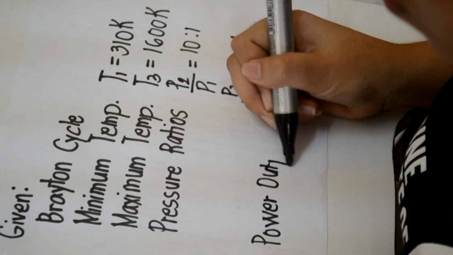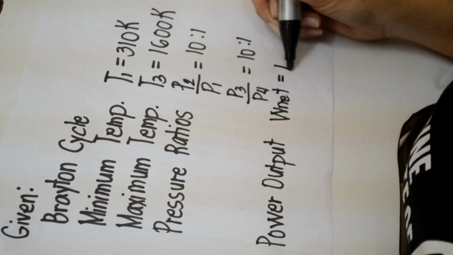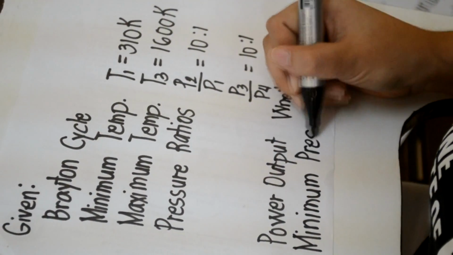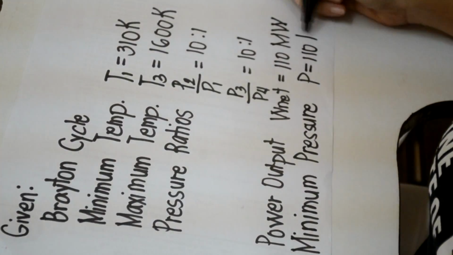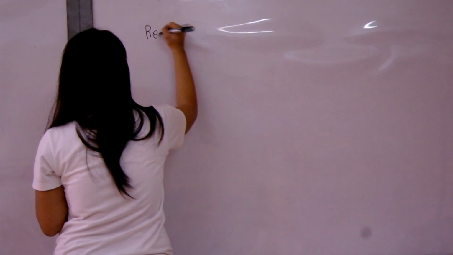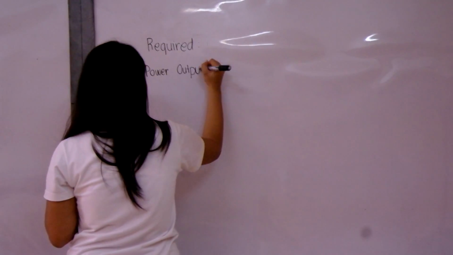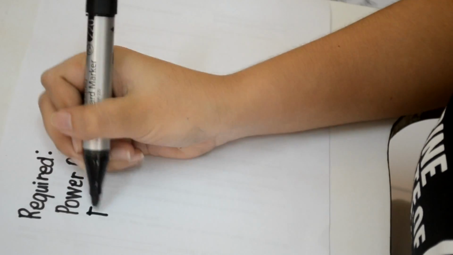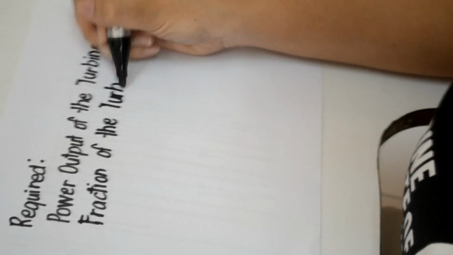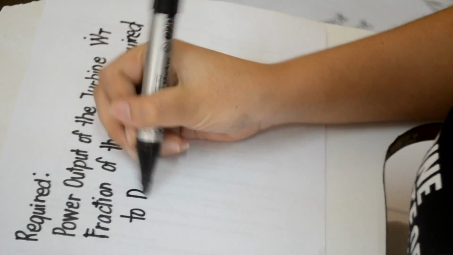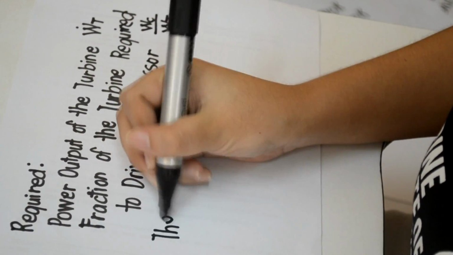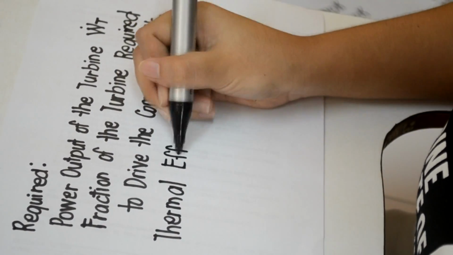Power output W dot net is equal to 110 megawatts and minimum pressure P1 is equal to 110 kilopascal. Required: power output of the turbine W dot sub T, fraction of the turbine output required to drive the compressor, W sub C over W sub T, and thermal efficiency.